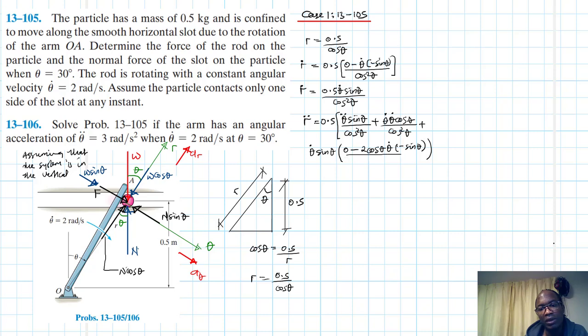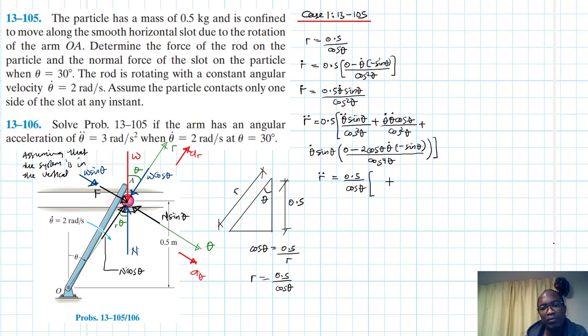Remember this, then this divided by cos to the power 4 squared, like so. Then r double dot is just going to be equal to 0.5 divided by cos theta.